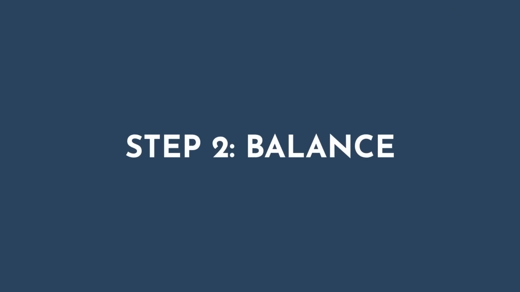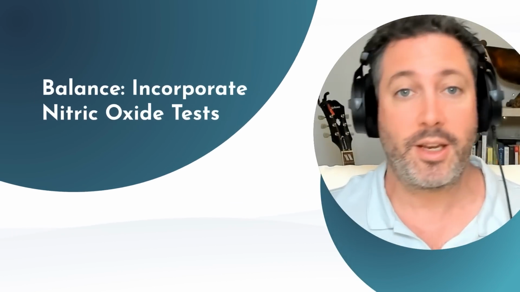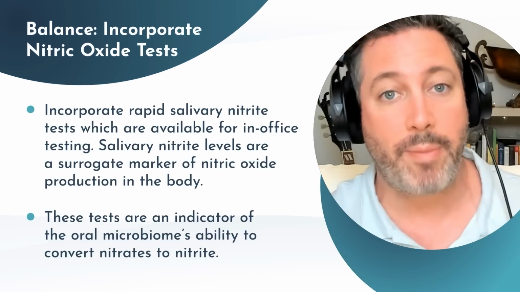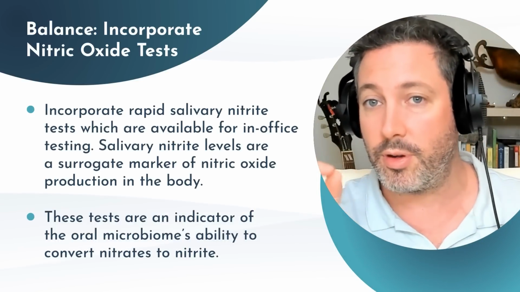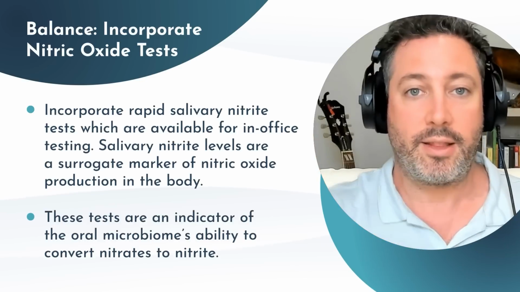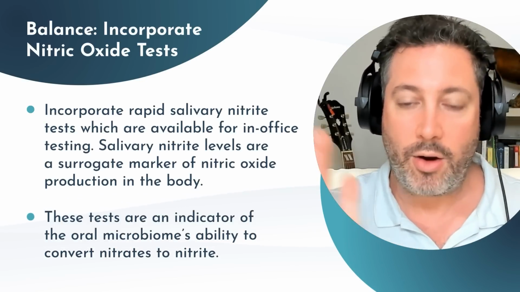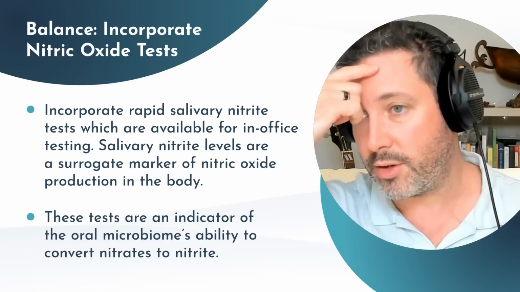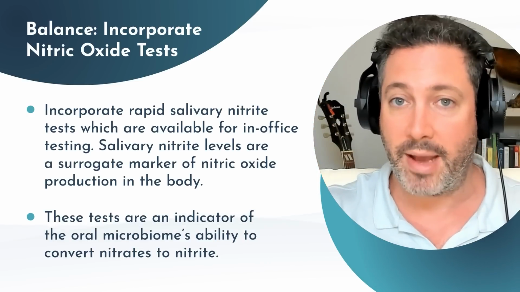Now, how do we know that we have low levels of nitric oxide, besides the clinical symptoms I just mentioned? Well, you can test. There's a rapid salivary nitrate test where you put your saliva on the tip of those strips, and then you can measure by a color code how much nitrite you're getting from the nitrate conversion from your oral microbiome pathway.